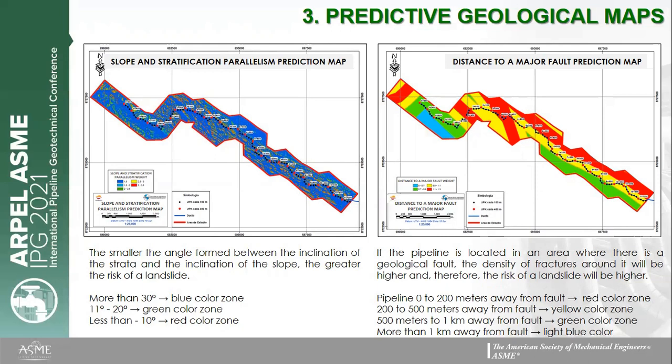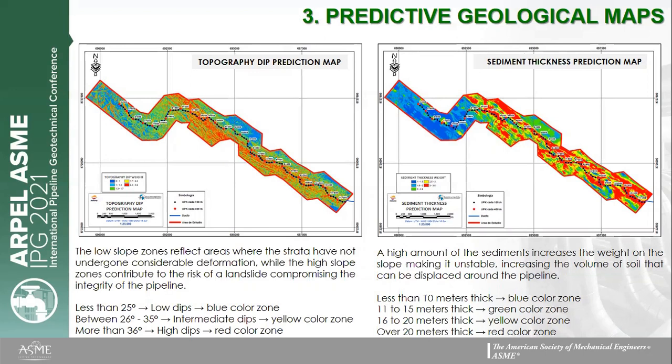And if our pipeline is more than 1 kilometer away from a fault, it's going to be colored by blue or light blue. Okay, and what's important here? That if the pipeline is located in an area where there is a geological fault, the density of fractures around it will be higher, and therefore the risk of a landslide will be higher too.